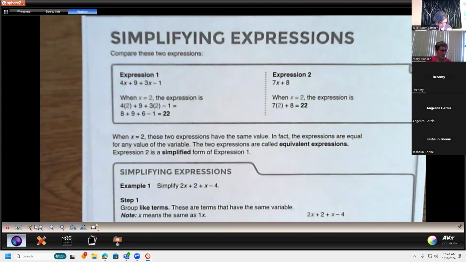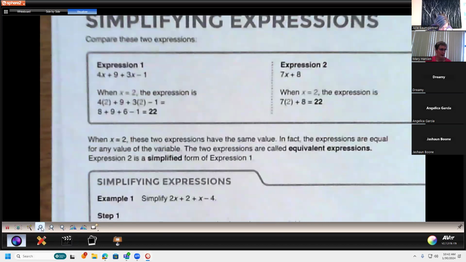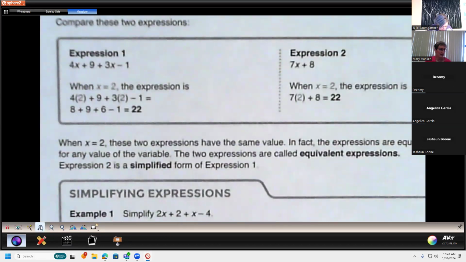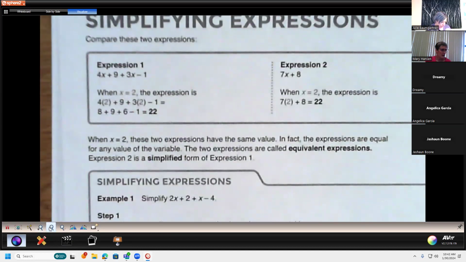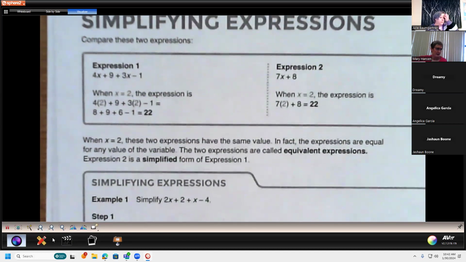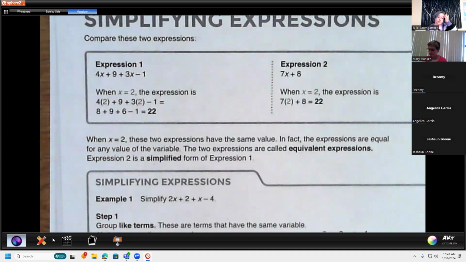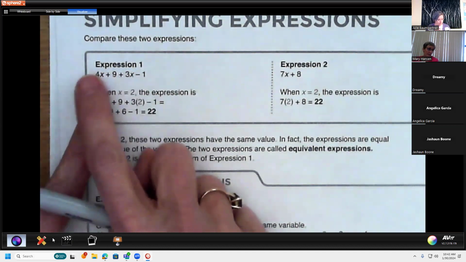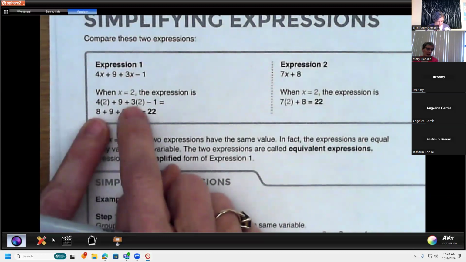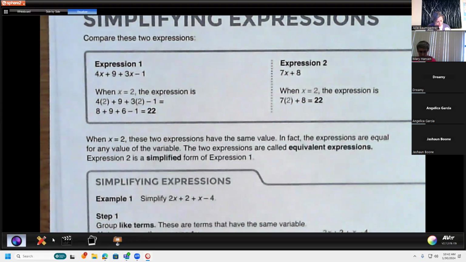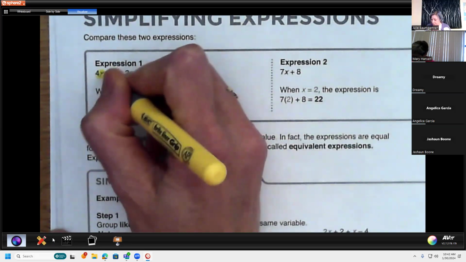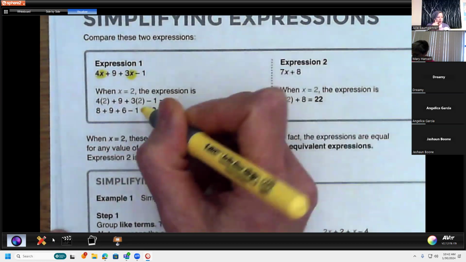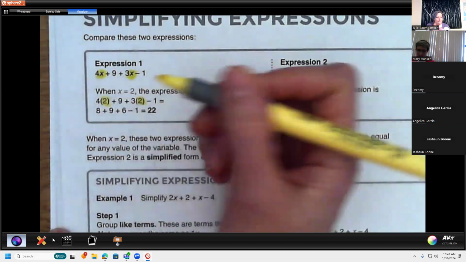If we approach this problem the way we have been with evaluating expressions, when they tell us the value for x, when x is 2, what we've been doing is just substituting in every time we see an x, we put in the 2. So we replace this x with 2 and replace this x with 2.